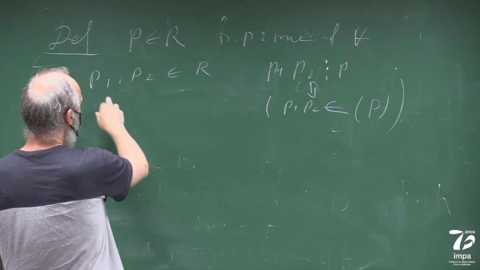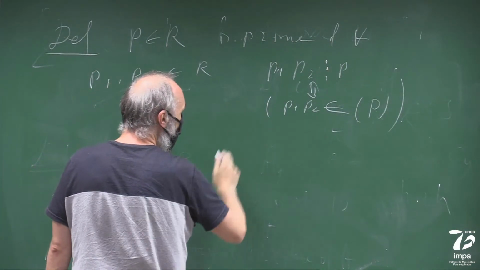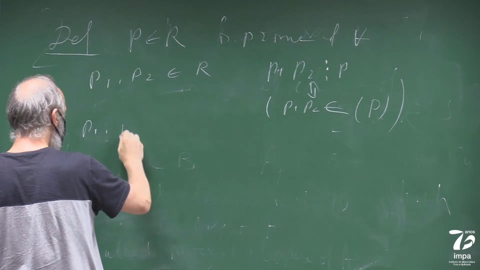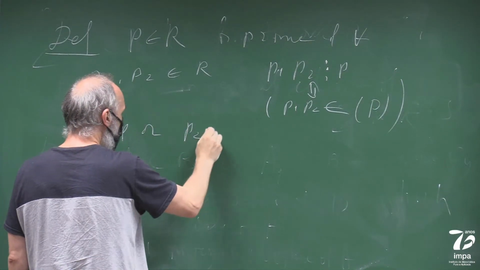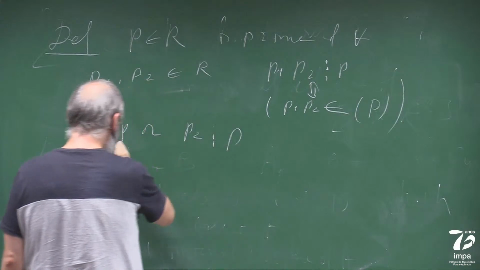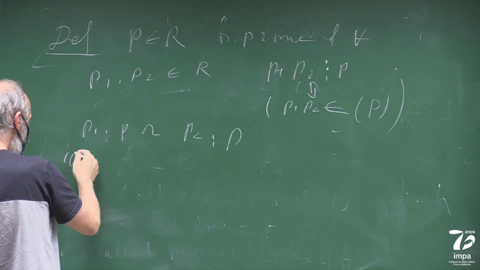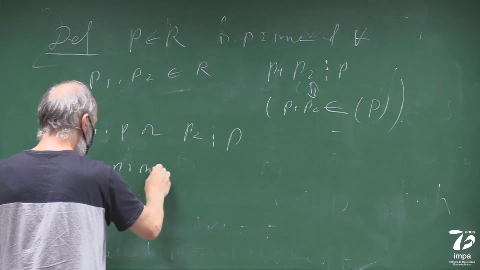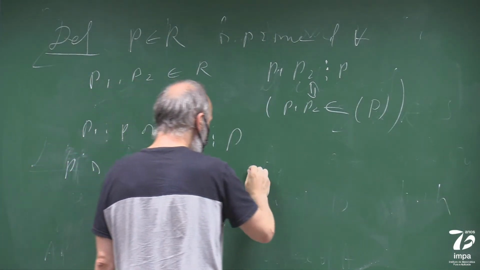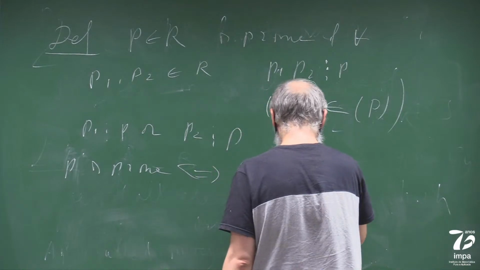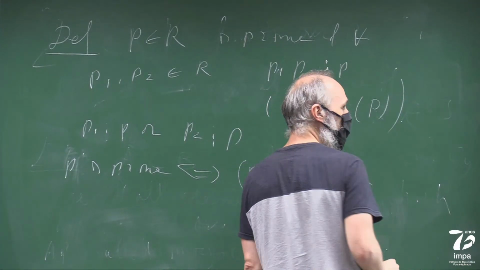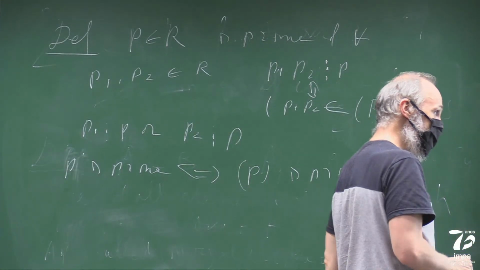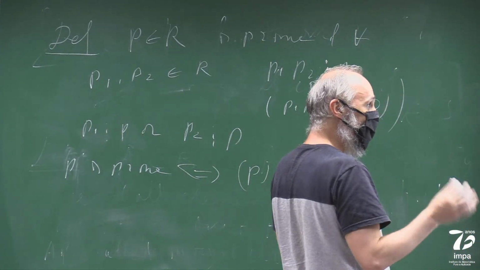P is prime if for all P1, P2 such that P divides P1 P2, P divides P1 or P divides P2. What I infer is that this is equivalent: P is prime if and only if the corresponding ideal is prime. And what is written here is not prime, it's non-decomposable. Sorry about this. It's an error.